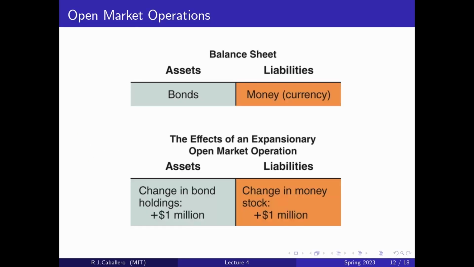That's an open market operation. So what we just saw was exactly that. The Fed wants to lower the interest rate. What it does is it buys bonds from the private sector, so its balance sheet on the asset side has more bonds now, but it has more liabilities because it gives cash to people, and that's a liability of the central bank. Okay? That's an expansionary open market operation, which is designed to lower the interest rate.